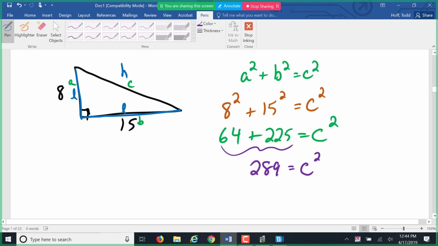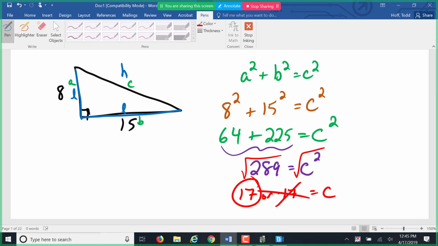Now we have to solve it. We have to get C by itself by square rooting it. And of course, we know that when you square root something, technically that's 17 or negative 17. Negative 17 doesn't make any sense, though, because it's a triangle. You can't have a side of a negative distance. So 17 is going to be that answer.